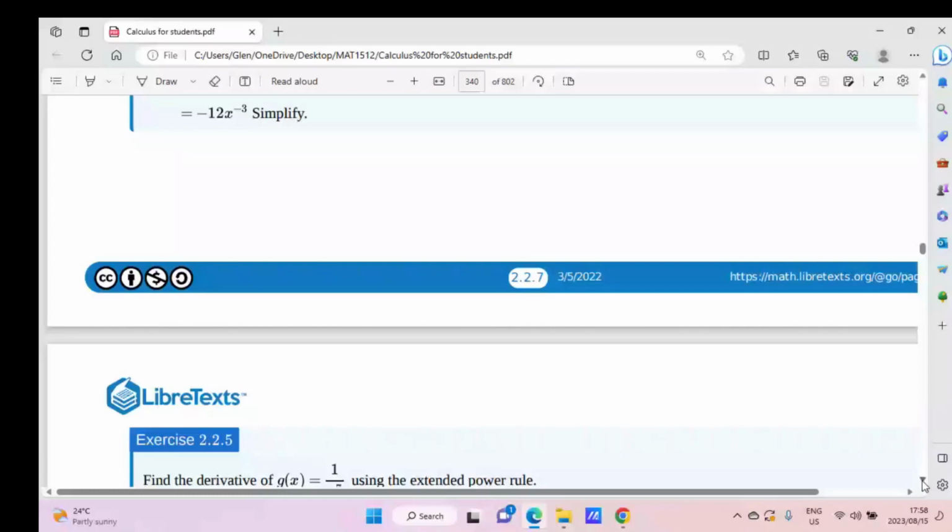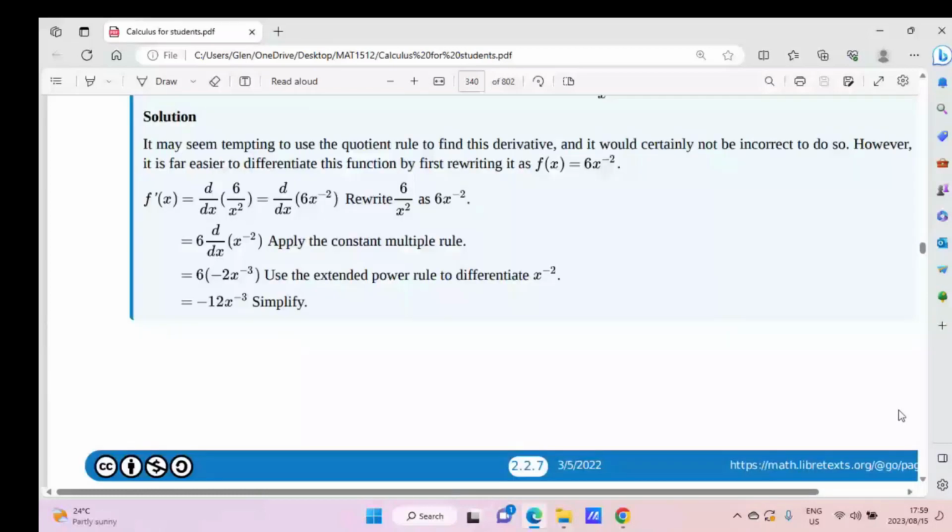If they ask you to derive 6 over x squared for 10 marks, should you write on the side, here we are using this rule, here we are using this rule? How does the mark allocation go for 10 marks for this question?